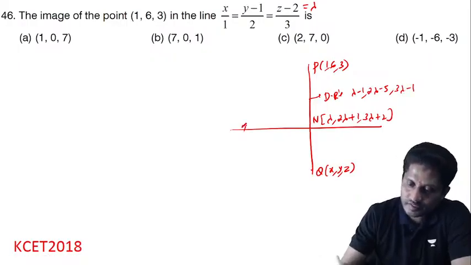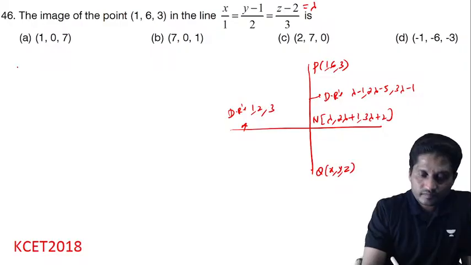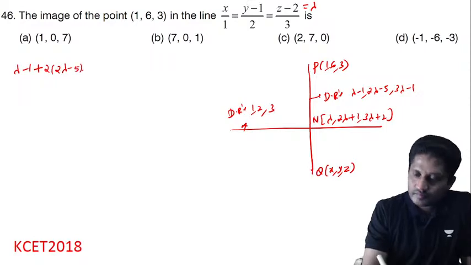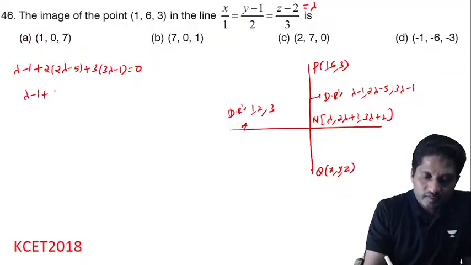Now DRs of this line will be 1, 2, 3. Multiply the DRs now: lambda minus 1, plus 2 into 2 lambda minus 5, plus 3 into 3 lambda minus 1 is equal to 0. That is lambda minus 1, 4 lambda minus 10, 9 lambda minus 3 is equal to 0.